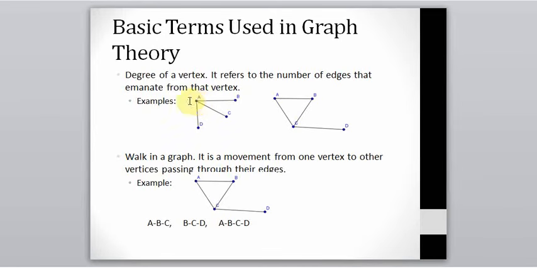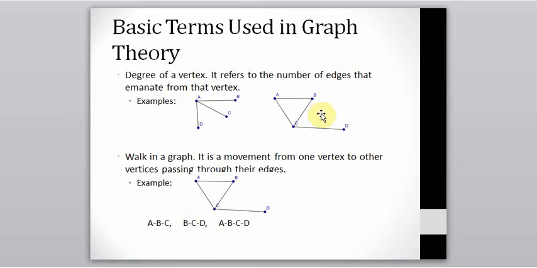Let's count: 1, 2, and 3. So the degree of vertex A is 3. Look at B. There's only 1, so the degree of vertex B is 1. C is also 1. D is also 1.